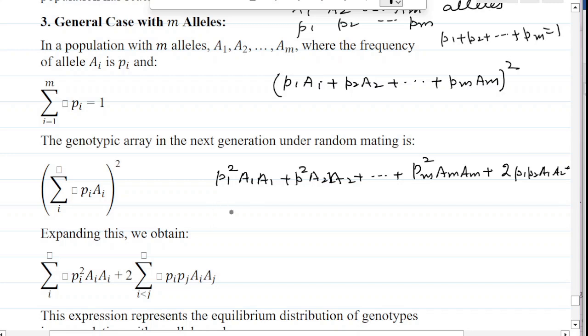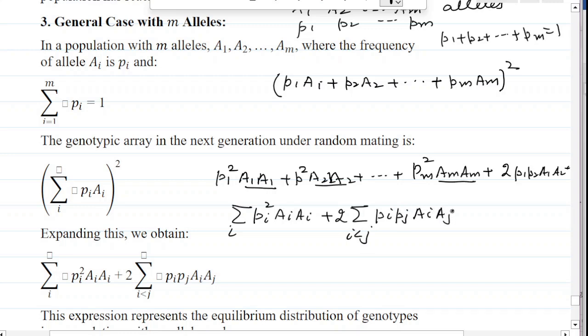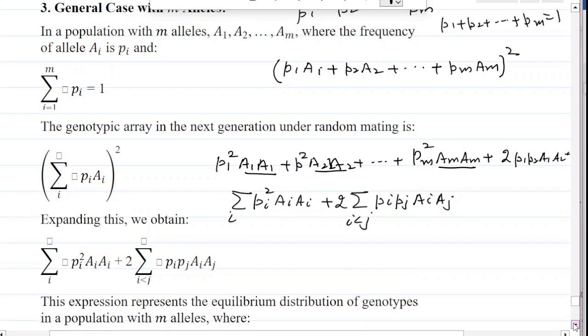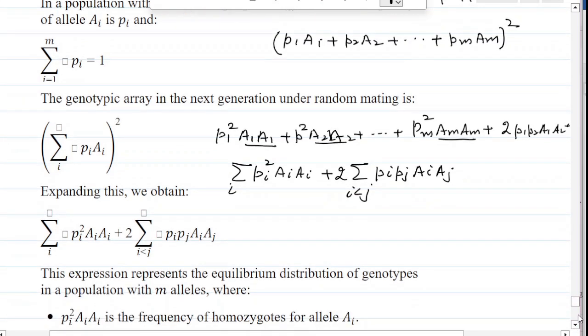So symbolically, this can be represented under summation sign: summation over i of pi square AiAi, meaning A1A1, A2A2, AmAm, plus summation where i is less than j of twice pi pj AiAj. And this expression is in equilibrium.